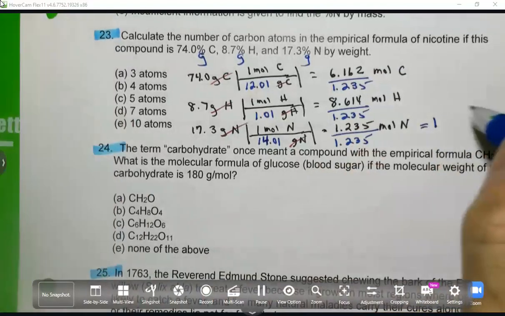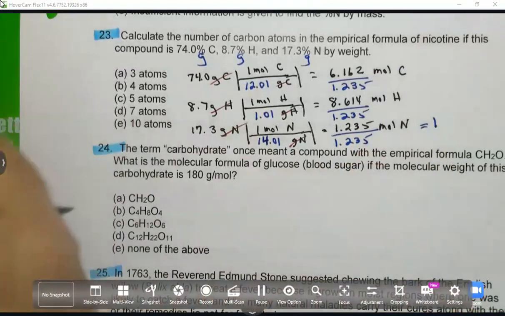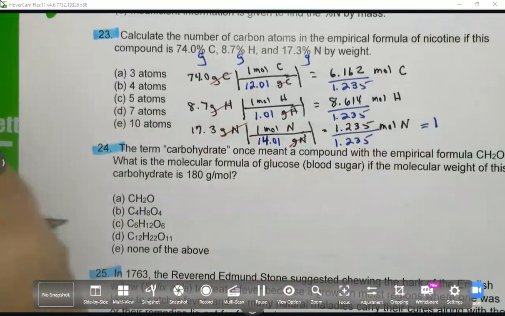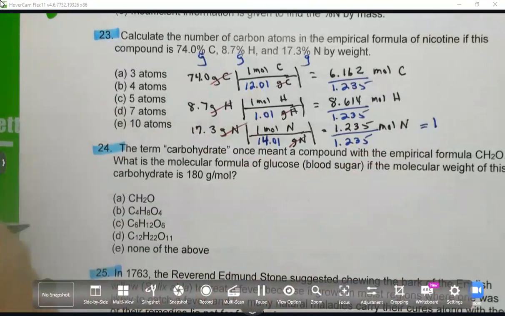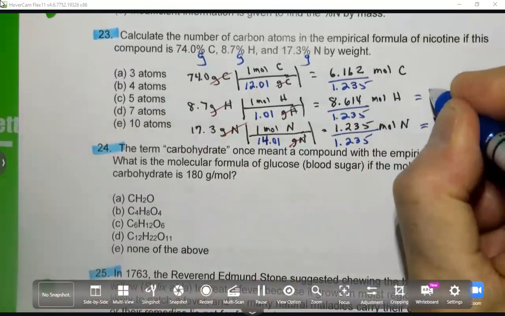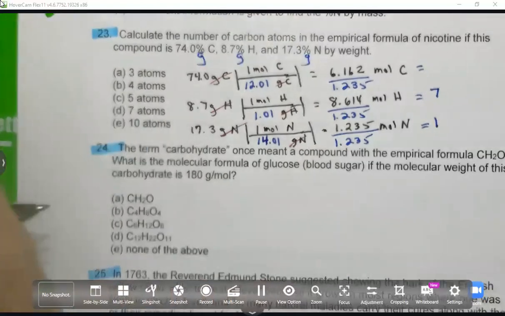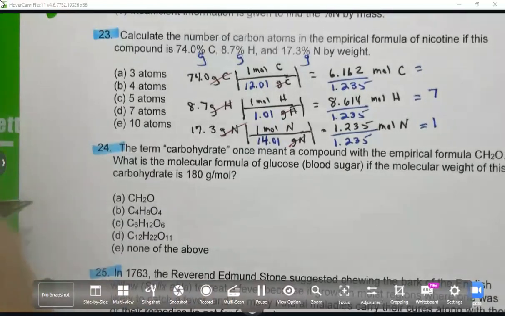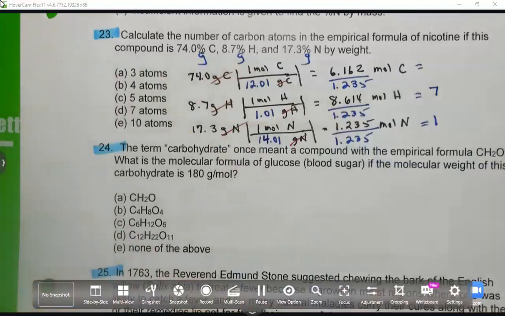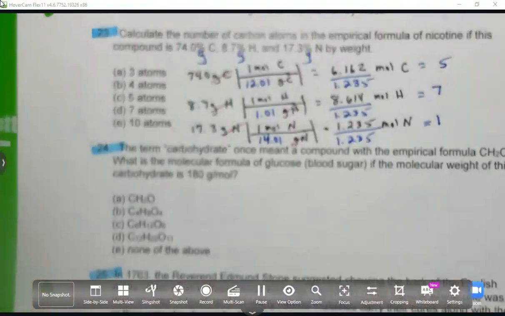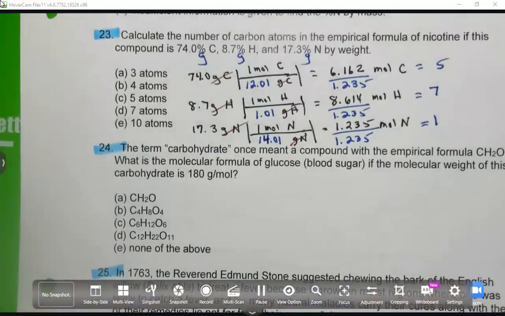Obviously, this is a 1. This is a 7. It looks like that's a 5, huh? Yeah. Okay, so that gets us that one figured out.